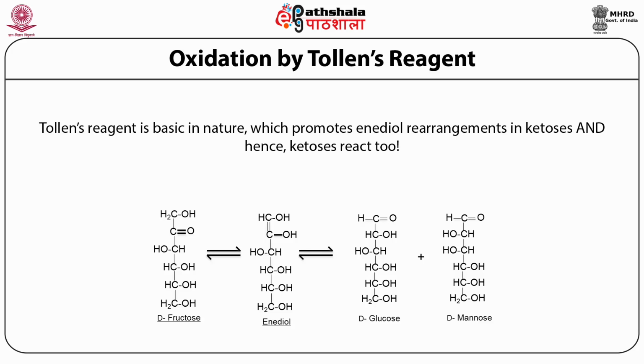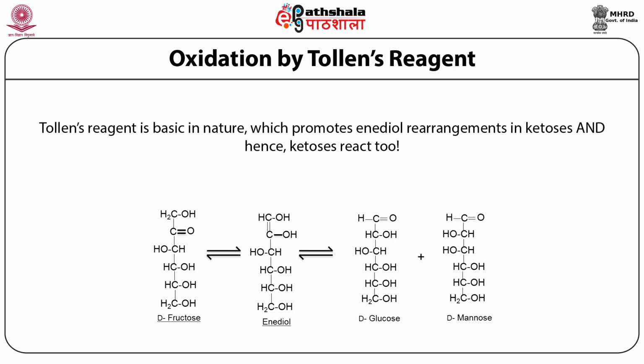You see that the double bond that was at C2 has now moved between carbons 1 and 2, and that is why this enediol is called a 1,2 enediol. And this enediol can then lead to the generation of a mixture of aldoses, and in case of fructose it's glucose and mannose, and because the end products are aldoses, they will then test positive with Tollen's reagent.